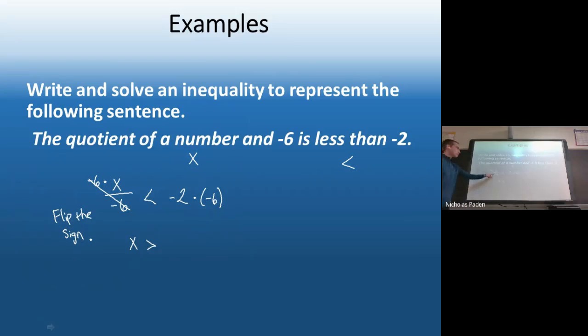Flip the sign because I multiplied by a negative number. -2 times -6 is +12. So x is greater than, just greater than, +12. If I were to graph this solution set, what would it be? It would be an open circle because it's just greater than, no equal to, and it would be shaded to the right because x is greater than 12. And so that is writing an inequality, flipping the sign, and getting the solution set.